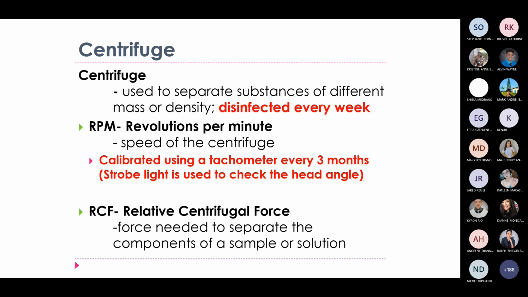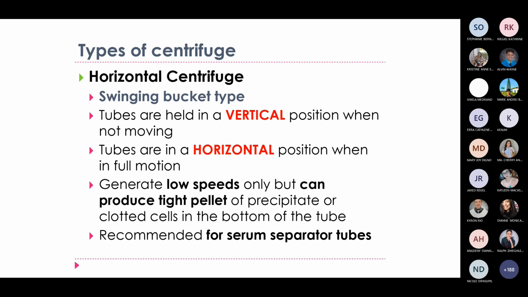Okay? Ay, napakadami agad sa iisa lang na slide. Okay, next one. We have the types of centrifuge. The first one is the horizontal centrifuge. What is the other term? Swinging bucket type.